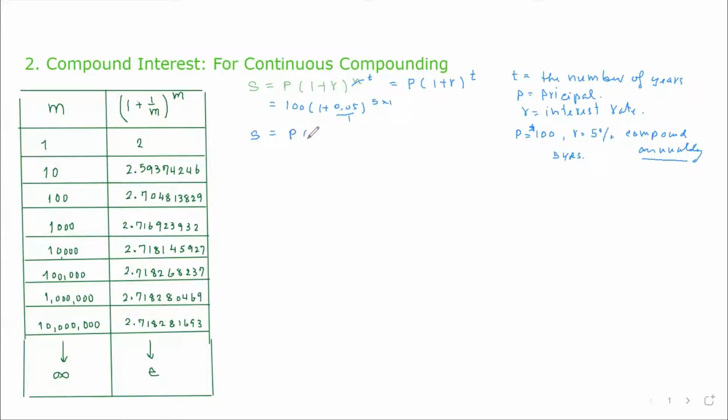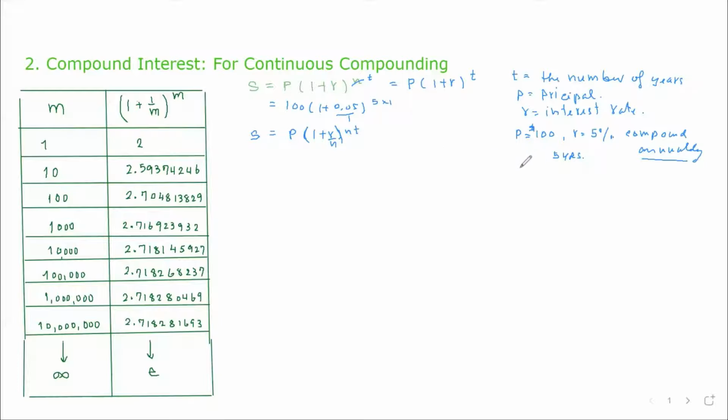So it becomes P times 1 plus R over N, the whole thing to the power N times T. Because when they invest by compounding, they have many conditions: annually, semi-annually, monthly, weekly, or daily. So this formula will cover all.